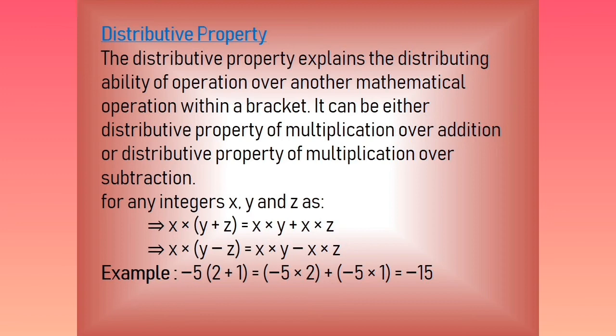For any integers x, y and z, x × (y + z) = x × y + x × z. x × (y - z) = x × y - x × z. For example, -5 × (2 + 1) = -5 × 2 + -5 × 1, which equals -15.